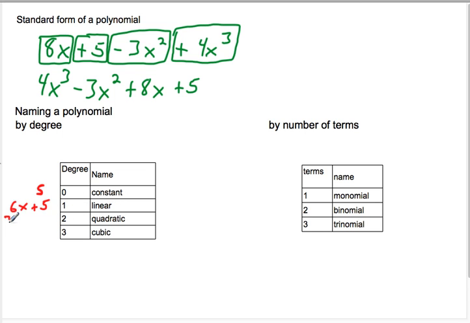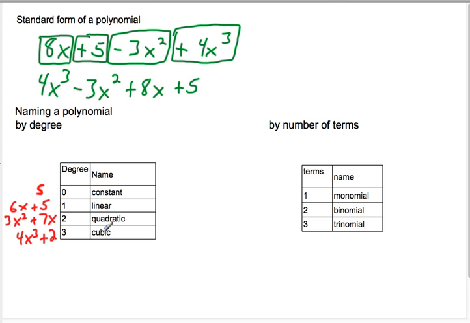If we had something like 3x squared plus 7x, we look for the highest degree, which is a 2, and we call that a quadratic. And then if there was a 3, so 4x cubed plus 2 or something, the highest degree is 3, so it would be called a cubic.